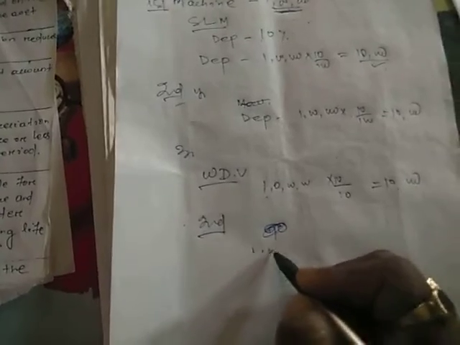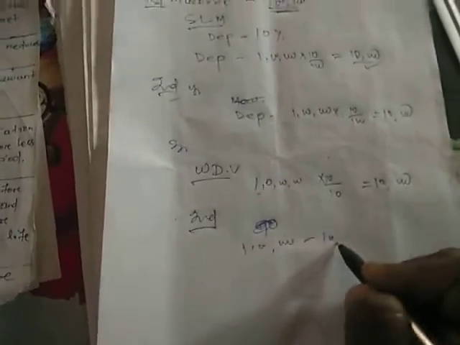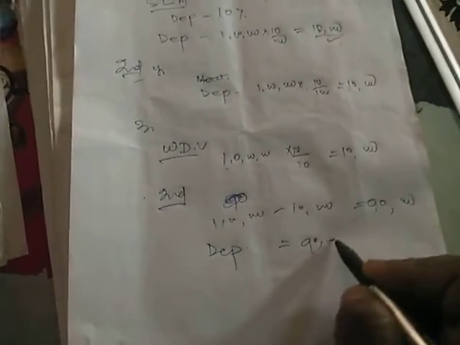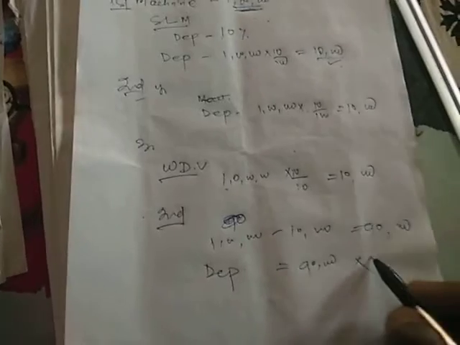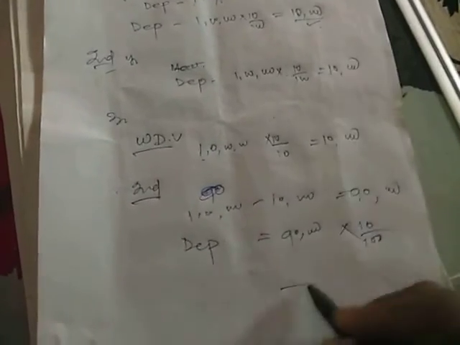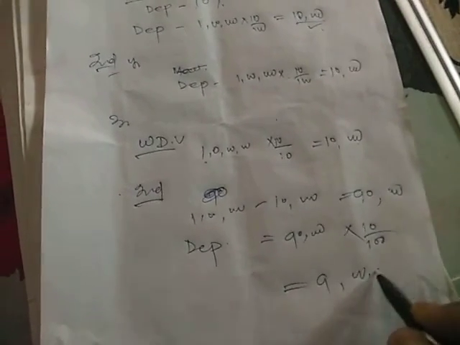That means 1 lakh minus 10,000, that is 90,000. So the depreciation is calculated on 90,000: in the second year, 90,000 into 10 by 100, that means 9,000. So it is the written down value of the asset.